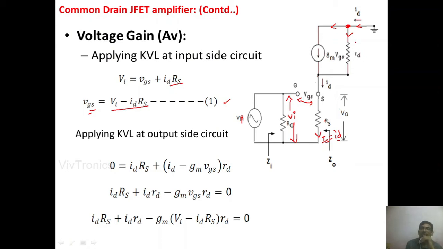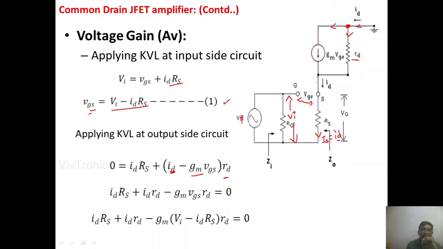So the current flowing in the RD resistor is the total current minus this gm VGS branch current. Therefore the total current ID minus gm VGS current gives the current flowing in the RD resistor, ID minus gm VGS into RD.